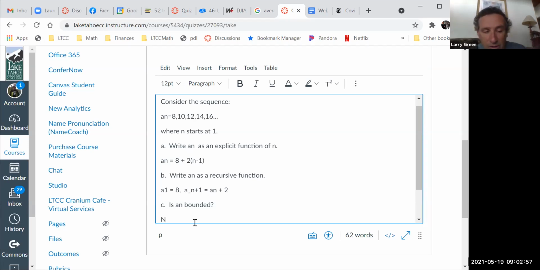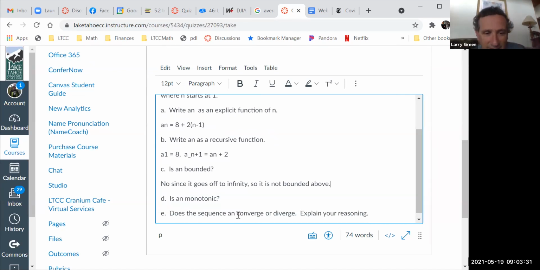So no, since it goes off to infinity. So it is not bounded above. Okay, so there's no highest value that it doesn't get above. Any questions on that? And for being bounded, you have to be both bounded below and bounded above.